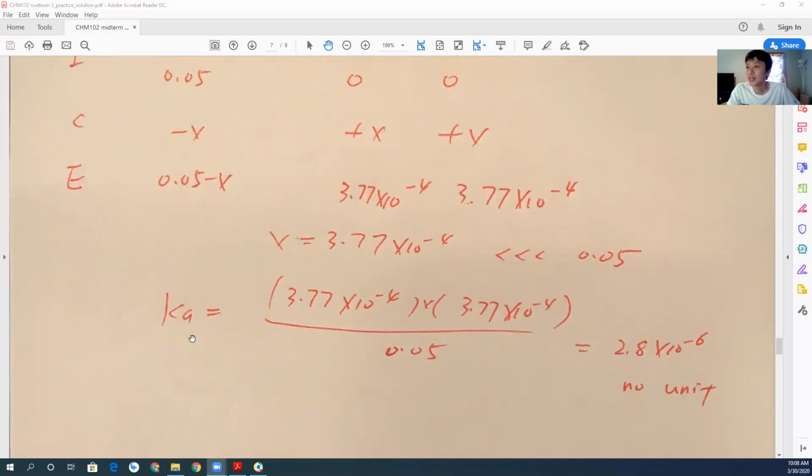The Ka we can calculate using the products divided by the reactant. In this case, I use 0.05 instead of 0.05 minus x.